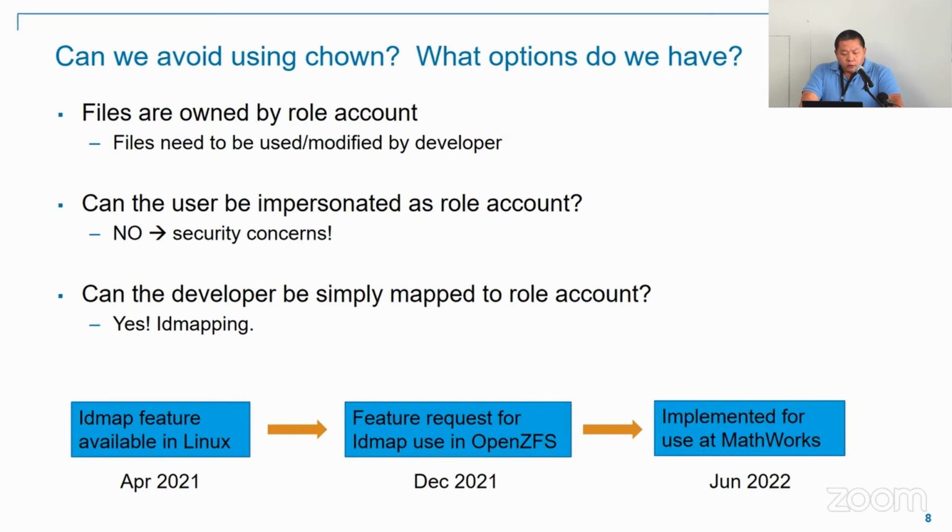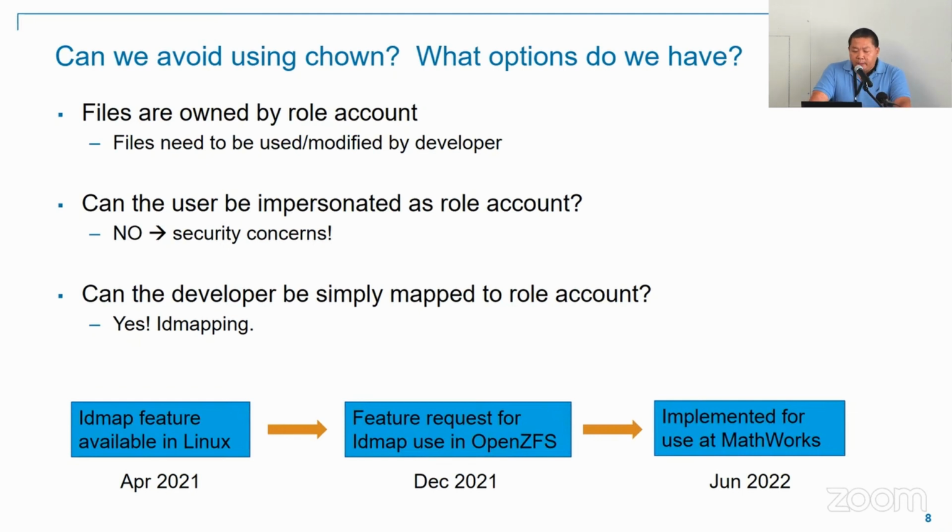Even before that, probably because of the 5.12 release, somebody in OpenZFS already did some preliminary work so that OpenZFS can be compiled. But it's not plugged in to use this ID map. It's just so you can compare.